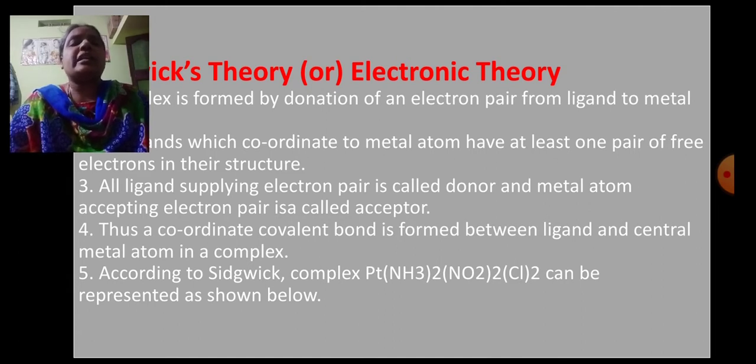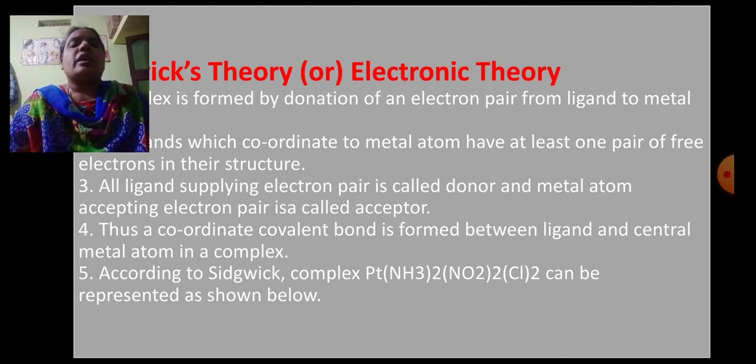If all ligands are supplying electron pairs, they are donating electron pairs towards the metal or metal ion. That means a ligand must contain at least one pair of electrons. So ligands are electron pair donors.